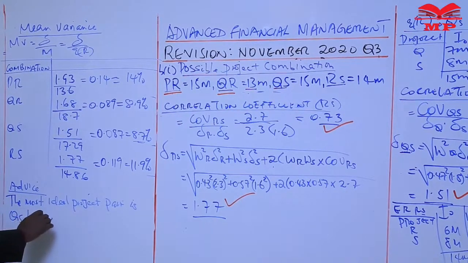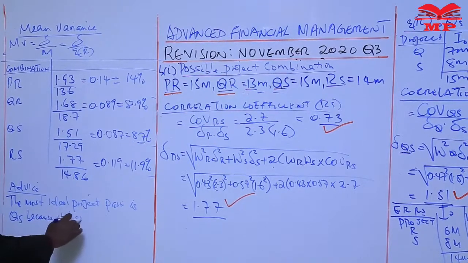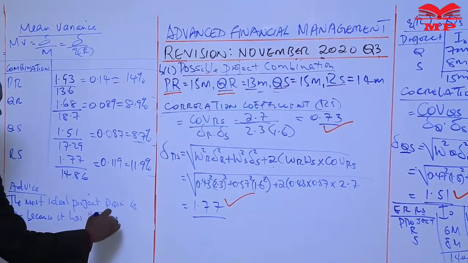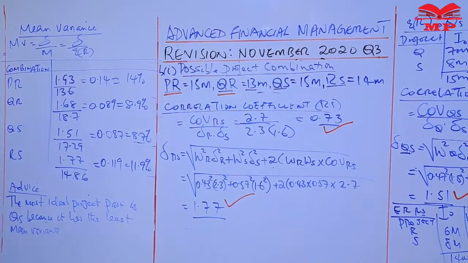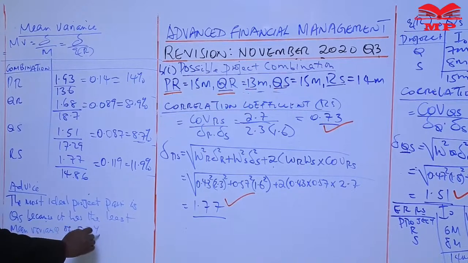Because it has the least mean variance or coefficient of variation of 8.7%.